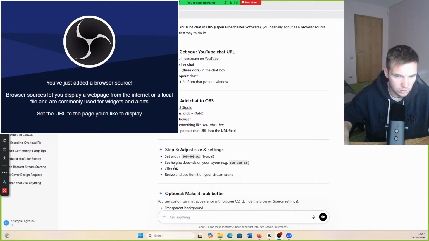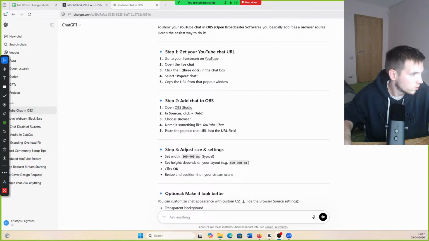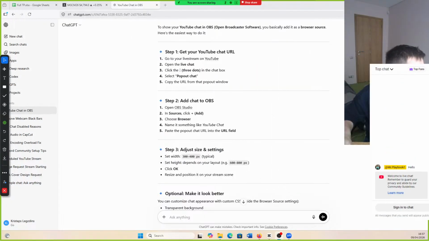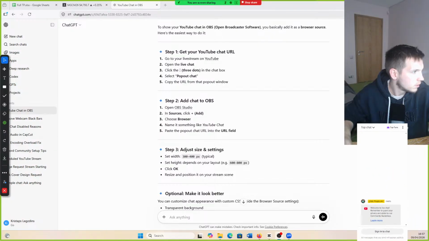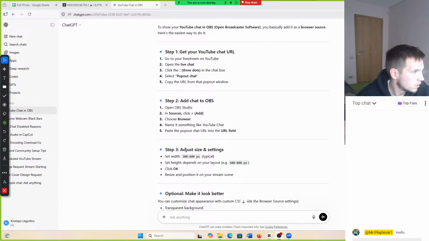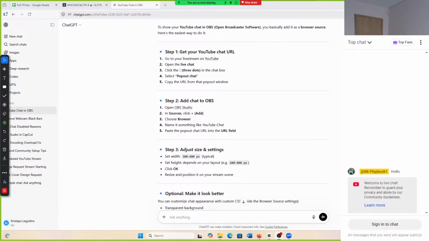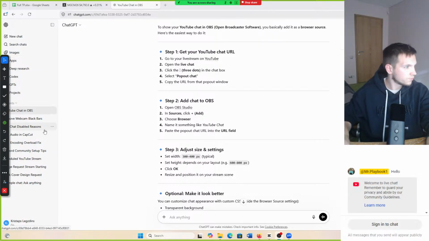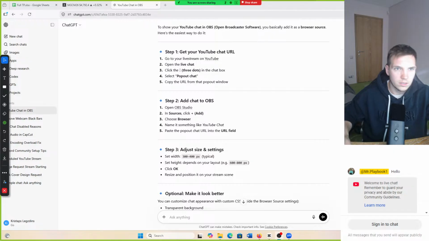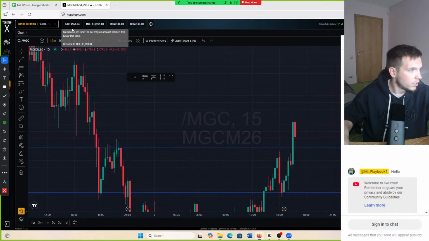And just set width 300 and height 700. Click OK. Okay, let's leave it like this for now. At least if someone wants to chat, we can see their messages.